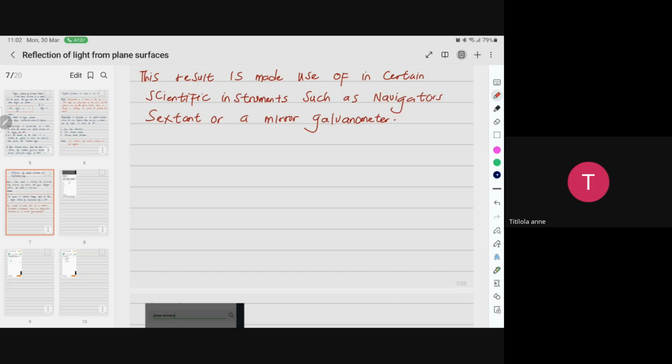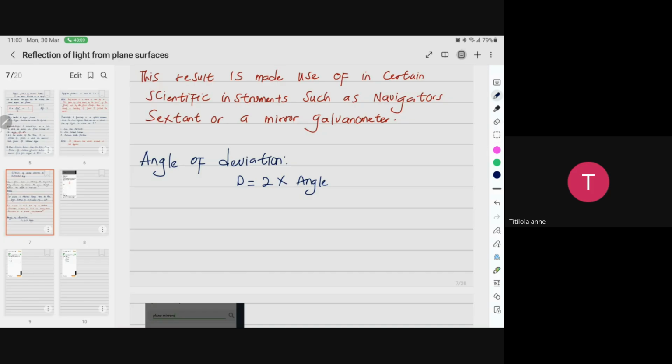So now it's important to know the angle of deviation. Take note, which I know we still have to take down, but let me just give it to you now. The angle of deviation D is equal to 2 times the angle of incidence. Are we together? That's the angle of deviation by a plane mirror.